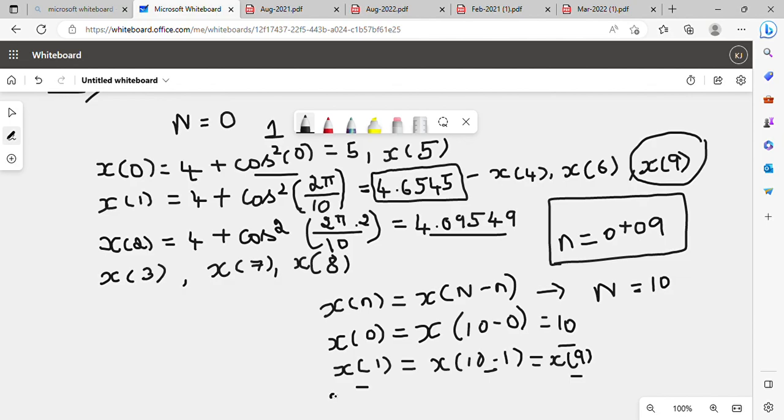For all others it's the same. Like if you take x of 2, x of 10 minus 2, right?